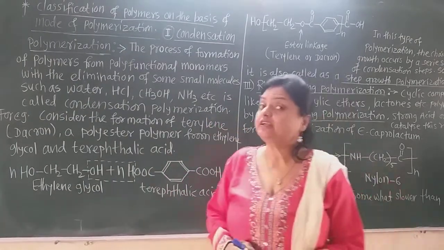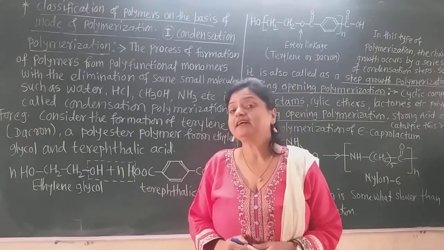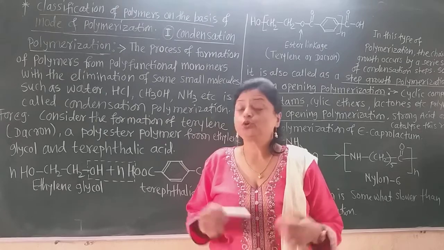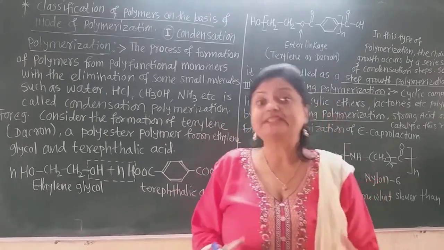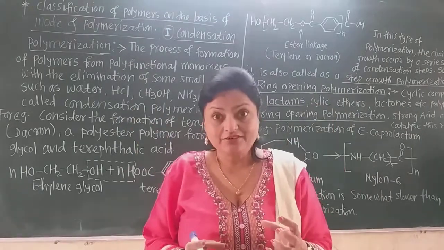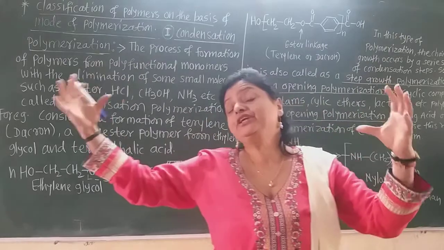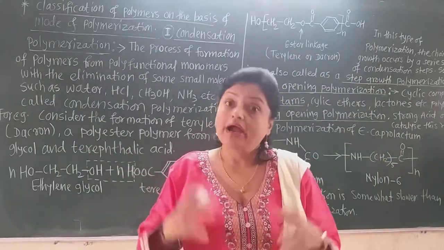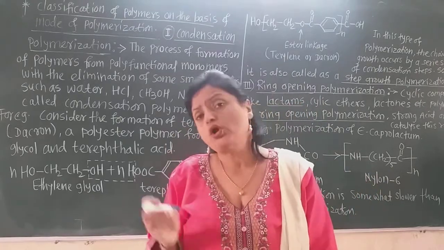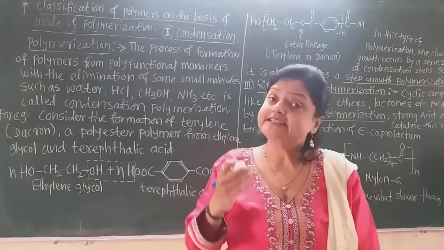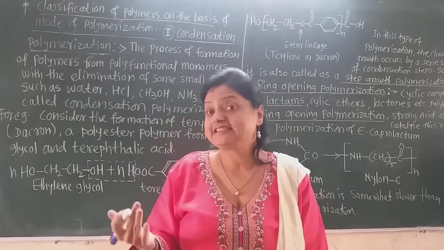In 11th standard we already learned it. What happens in a condensation reaction? Two or more smaller molecules condense with each other and form a still bigger molecule, and a very small molecule like alcohol or water is eliminated. That reaction is called a condensation reaction.